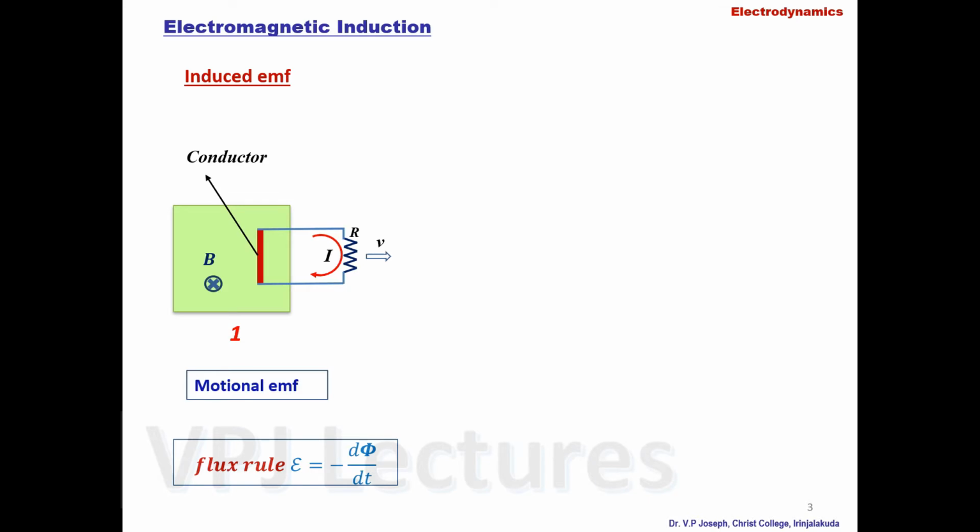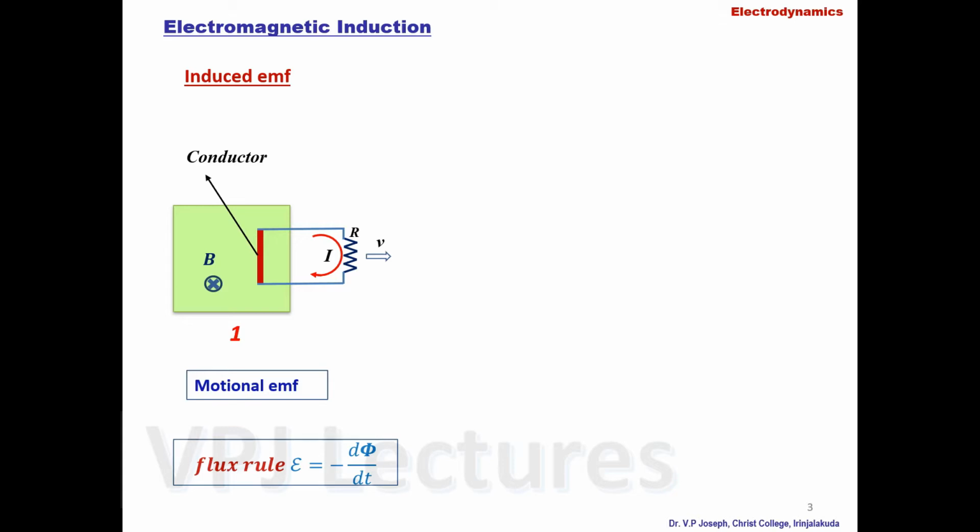So these three cases produce an EMF in the circuit, usually represented by the universal flux rule, given by E is equal to minus d phi by dt.